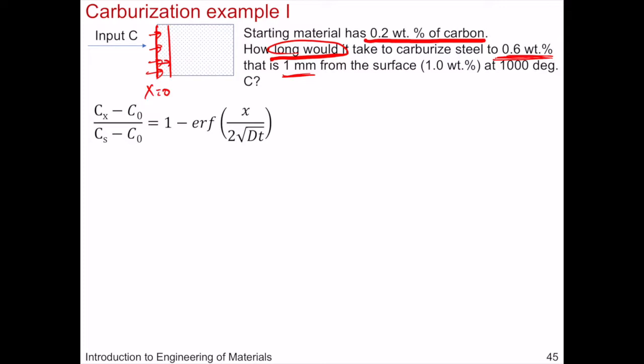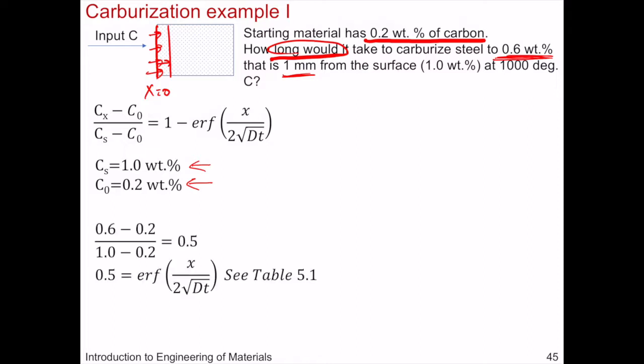So this is the solution to the differential equation. We know that at the surface, you're adding in 1 weight% of carbon, and the initial bulk weight% of carbon is 0.2. And so we can plug in these values.